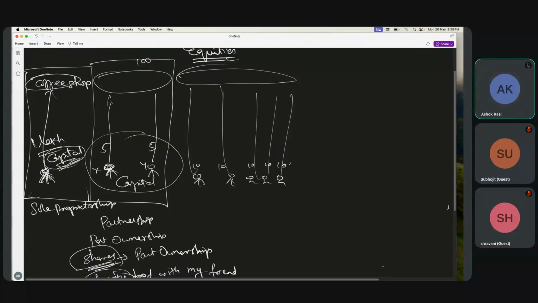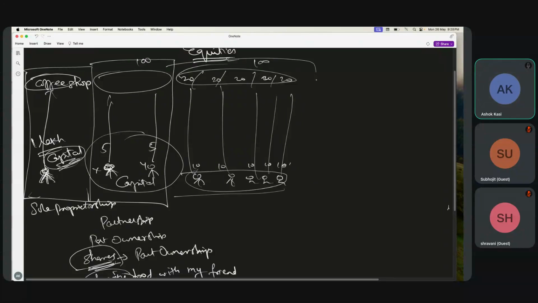Each person will own 20%. So if this company is making 100 rupees profit, then 20, 20, 20, 20, and 20. Like this they are going to share.